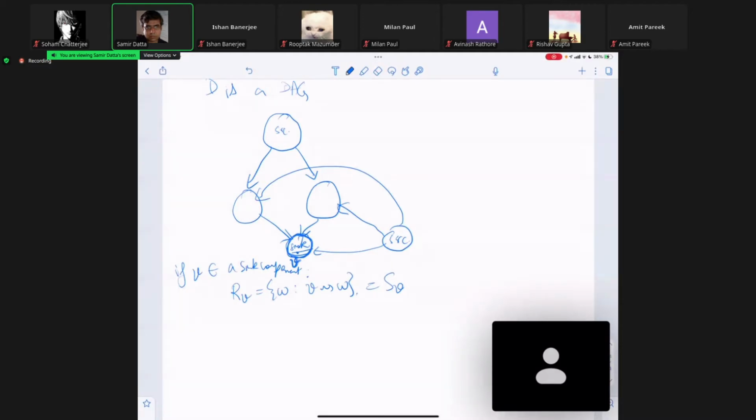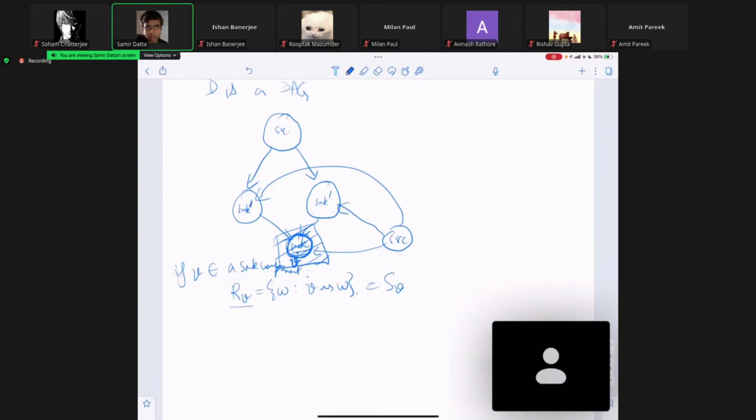So suppose I gave you a sink component. Now you will mark all the vertices in R of V. And now what you will be left with is a DAG again, correct? If you remove this, you will be left with a DAG, of which this is a new sink component and this is a new sink component, correct?